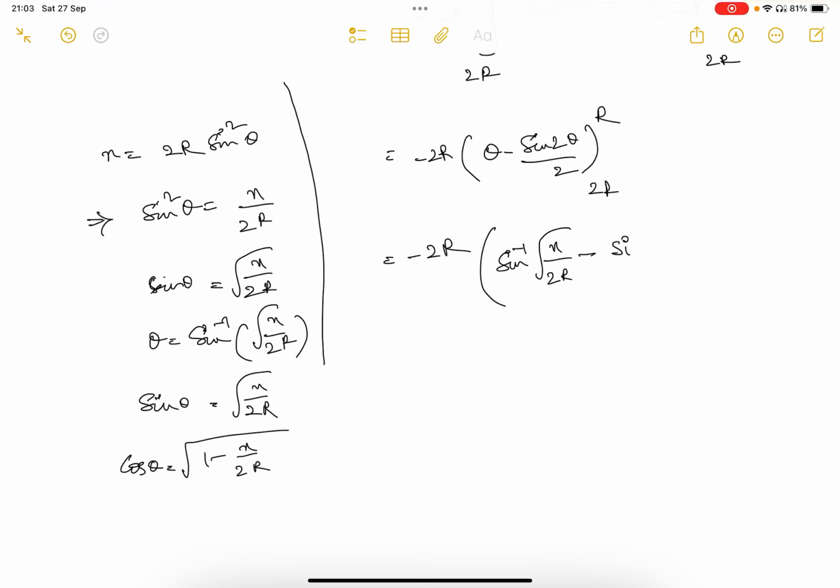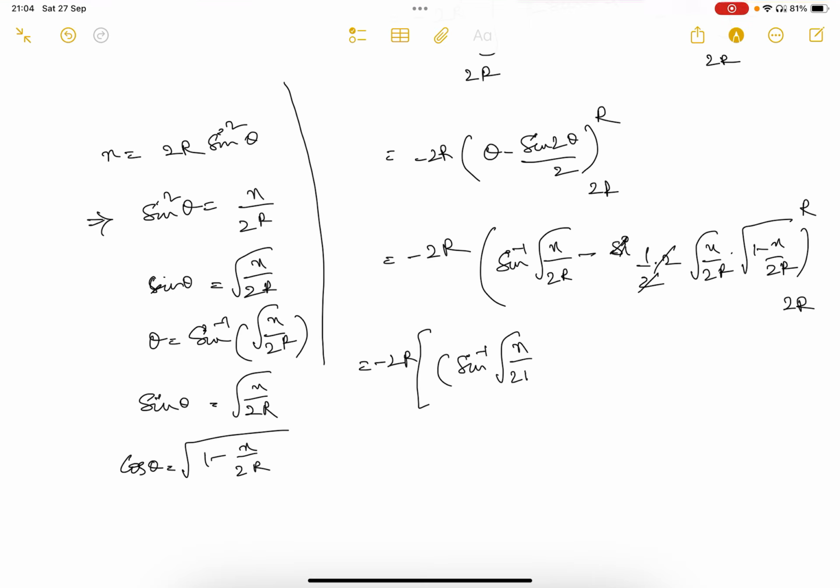So this will be half into sin 2 theta, right, which is 2 into sin theta, root x by 2r, into cos theta, which is root of 1 minus x by 2r, and integration limits are 2r to r. 2 will get cancelled, that is minus 2r into sin inverse root of x by 2r, from 2r to r, minus root of x by 2r into root of 1 minus x by 2r.